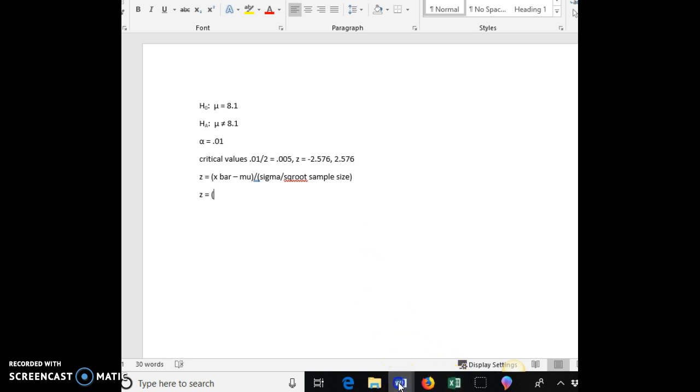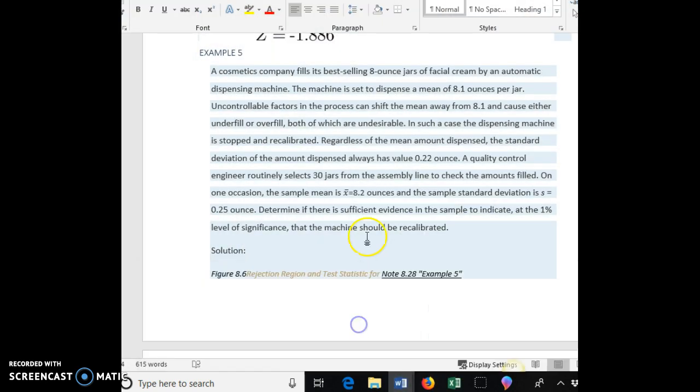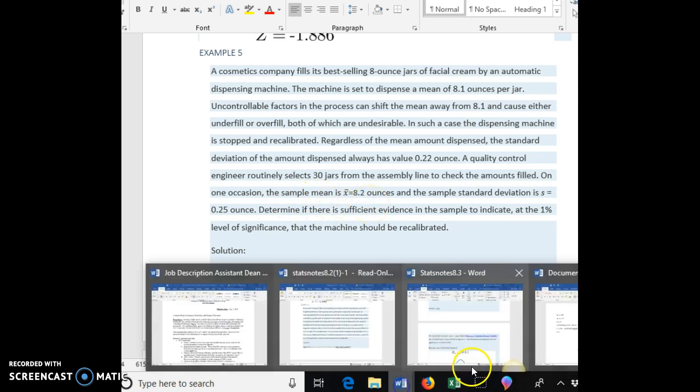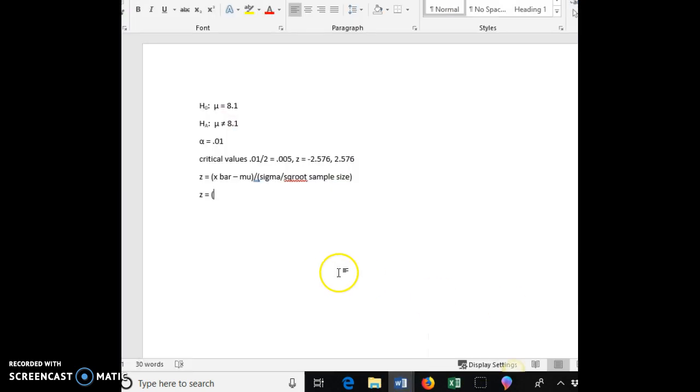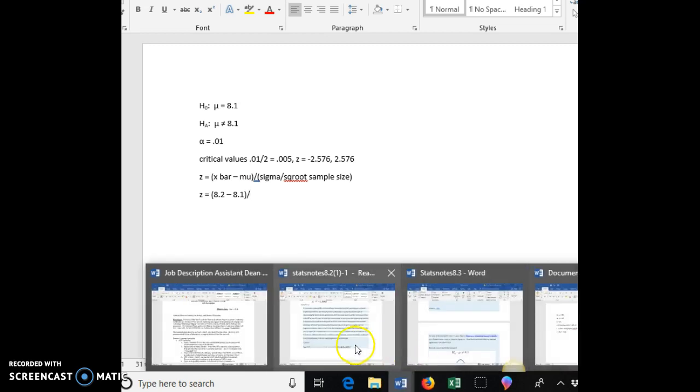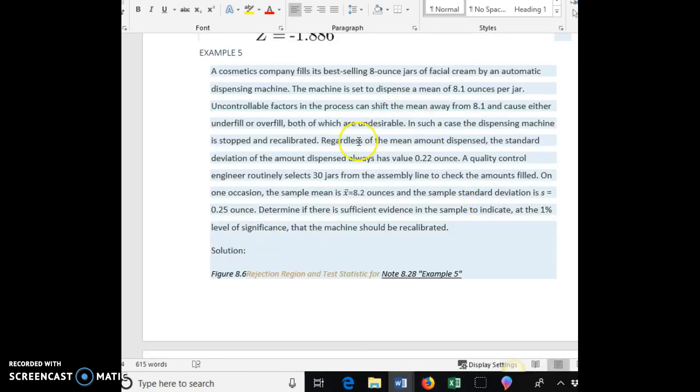So our X bar, if we look back at our example, our sample mean is 8.2. So we're going to go 8.2 minus our hypothesized mean of 8.1. Our standard deviation, and in this instance, since we have the population standard deviation, we're going to use it. And it told us, regardless of the mean amount dispensed, the standard deviation of the amount dispensed is always 0.22.